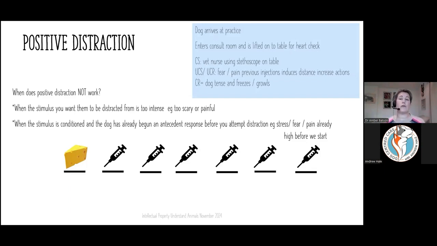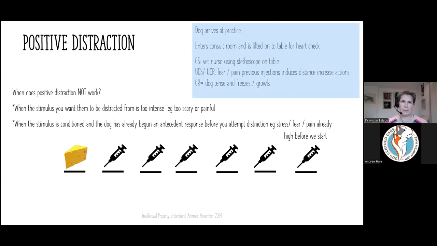If the thing that follows is an injection, well, we haven't even got to the point of lifting up the syringe or touching the back of the neck. They're already tense, freezing, maybe growling. So if we try to bring in the cheese, the paste, the distraction after we've lifted them onto the table and picked up the stethoscope, it's not going to work.